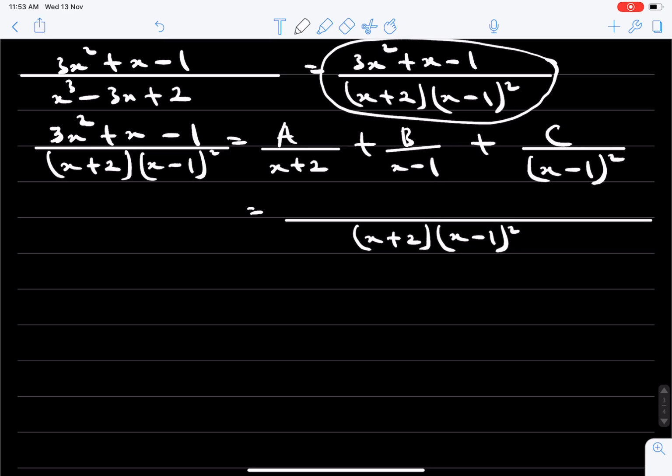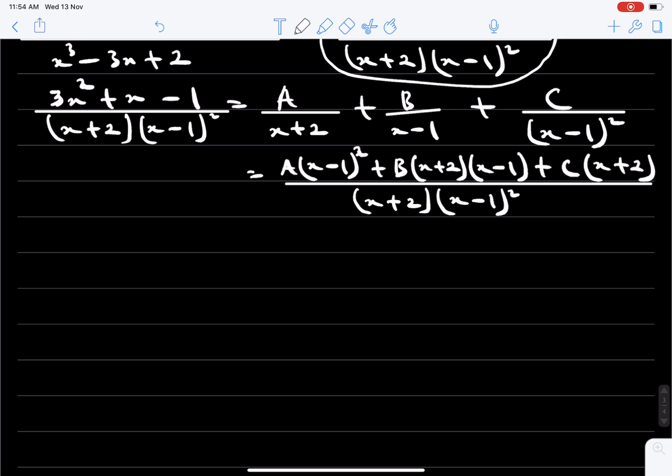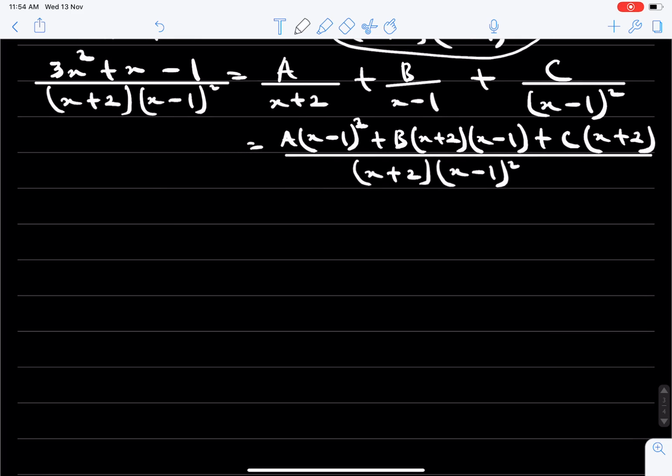So the numerator of that fraction will be a times x minus 1 squared plus b times x plus 2 times x minus 1 plus c times x plus 2.